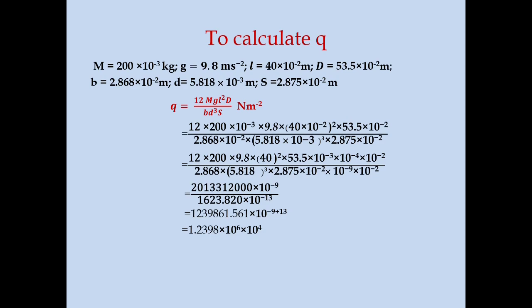Since I have moved the 6 decimal points, I got 10 power 6, and 10 power 4 already existing. So this 10 power 6 plus 10 power 4 adds up to give 10 power 10. So we have got Q is equal to 1.2398 into 10 power 10 Newton per meter square. This is the Young's modulus of the material of the wooden bar used.